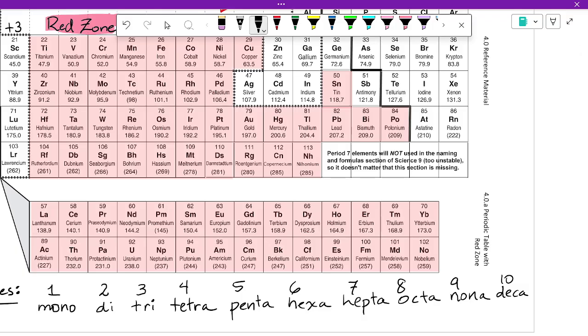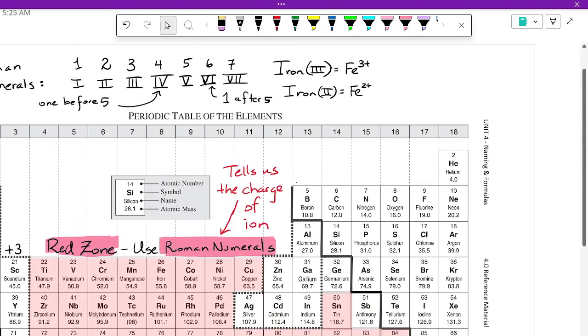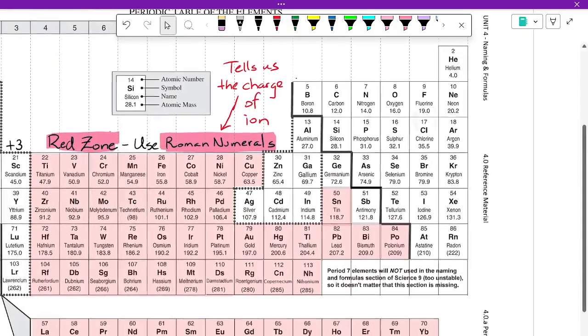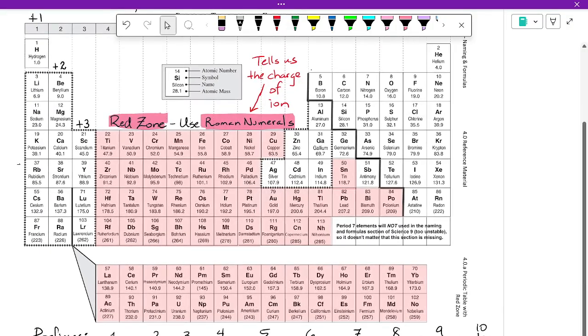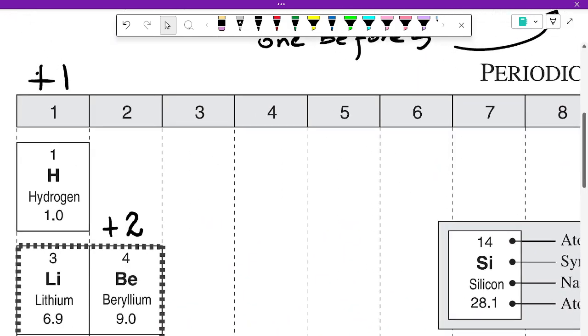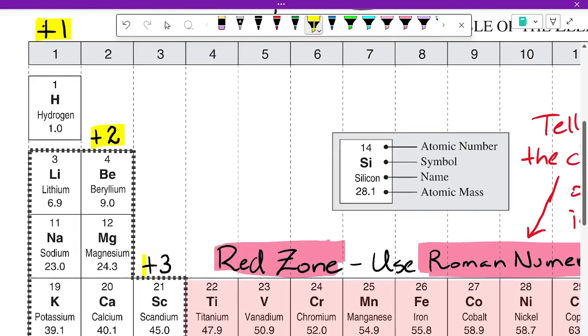So you will be expected to memorize the prefixes. You will be expected to memorize the Roman numerals. So when you do a quiz, I'm going to let you use either a periodic table without the charges listed, or with the charges listed.